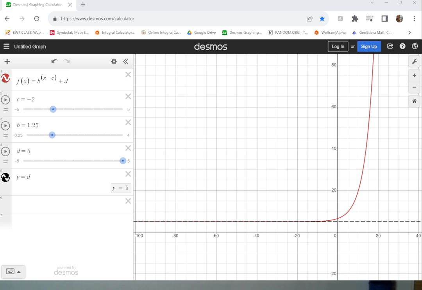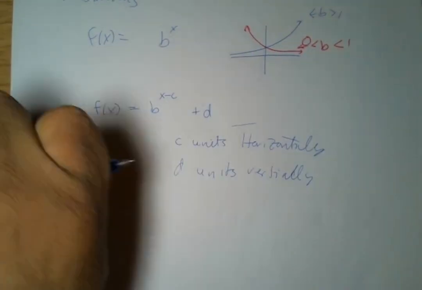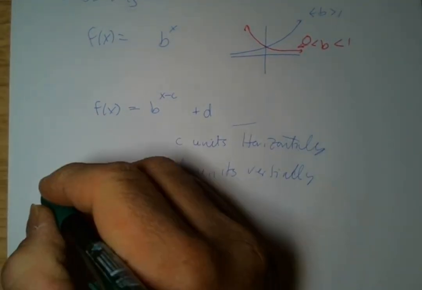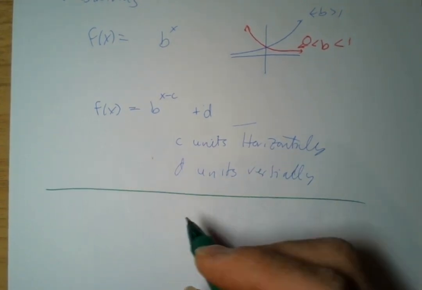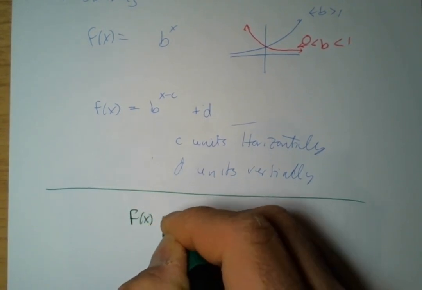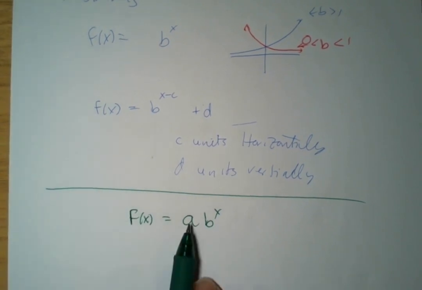Now, in terms of the other type of shift that we're going to take a look at, it's what's called a stretch or a compression, right? So we'll look at changes in values of a.